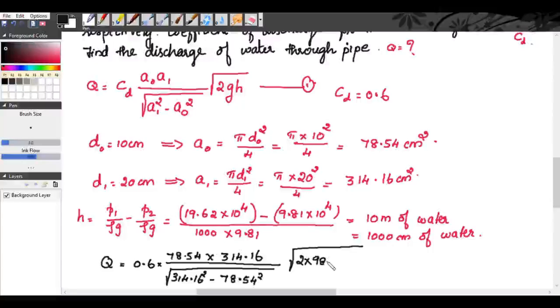So 981 multiplied by H, which is 1000 centimeter of water. Now this is expressed in Newton per meter square, the 1000 is 1000 kilogram per meter cube, and this 9.81 is meter per second square. Okay.